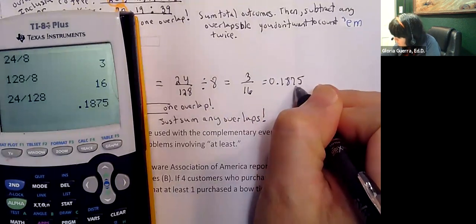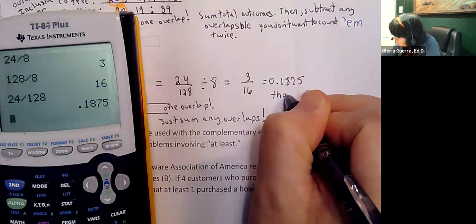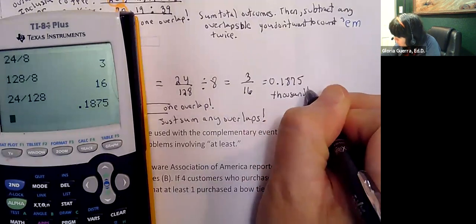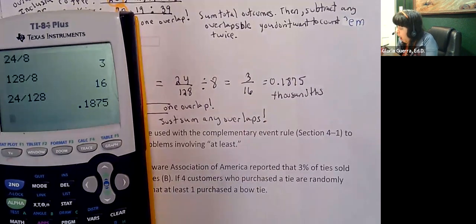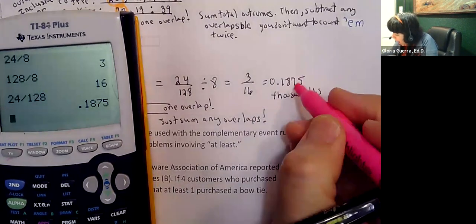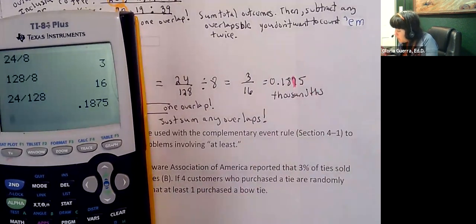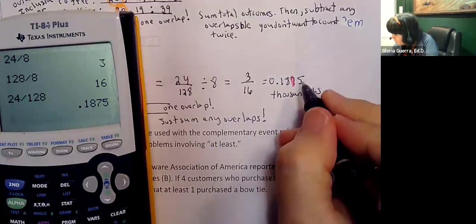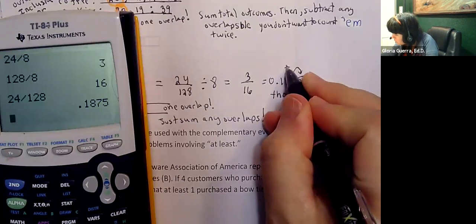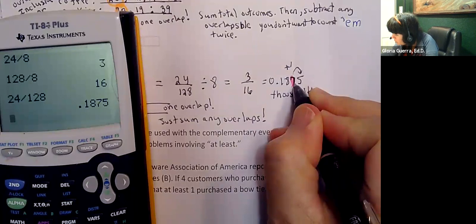Tens, hundreds, thousands. Look at the neighbor. A neighbor of 5 or more? Yep. So add 1 to that. 7.